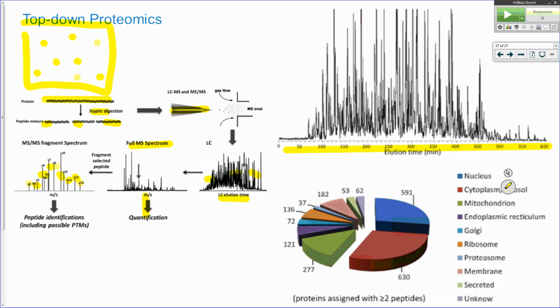His separation runs take 10 hours long. But there are literally tens of thousands of different peptides that are co-eluting in here. And he's got an instrument that's capable of detecting all of those simultaneously. So in just this example of one run, there's over 3,000 different proteins that were 100% identified in the analysis of one run.